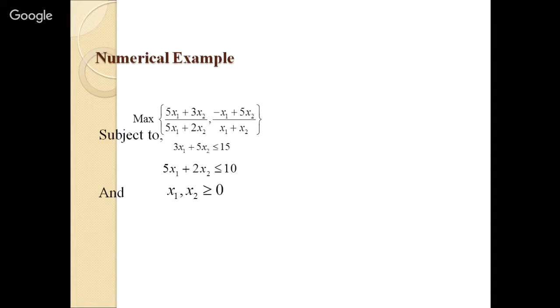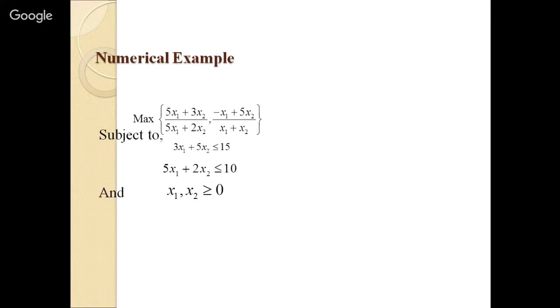This is the example of a multi-objective linear fractional programming problem. Now you want to maximize this function: (5x1 + 3x2) divided by (5x1 + 2x2). The first function is there. The second is (minus x1 + 5x2) divided by (x1 + x2), subject to constraints.